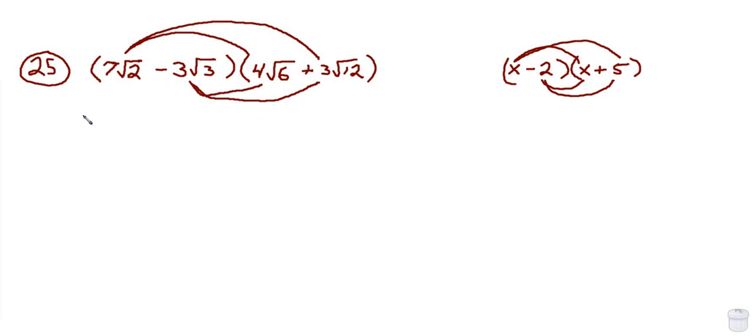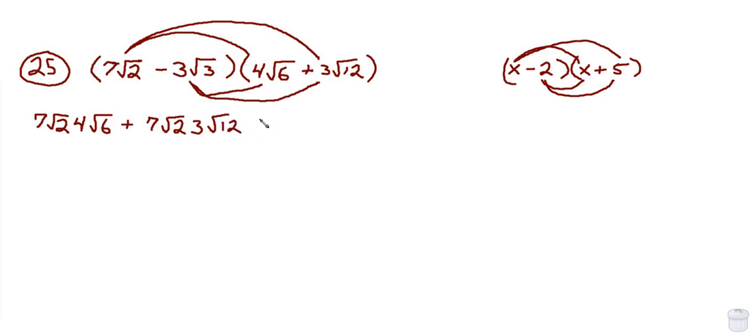All right, so what is that going to look like here? Let's just write it all out. Let's not simplify anything. I've got 7 square roots of 2 times 4 square roots of 6, and then 7 square roots of 2 times 3 square roots of 12.